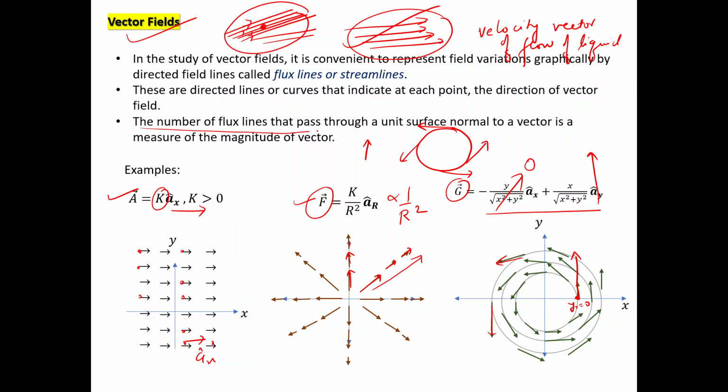The number of flux lines that pass through a unit surface normal to a vector is a measure of the magnitude of the vector. That means with more flux lines, the magnitude of the vector at that point will be more. This is how we represent the vector fields in terms of flux lines or streamlines.